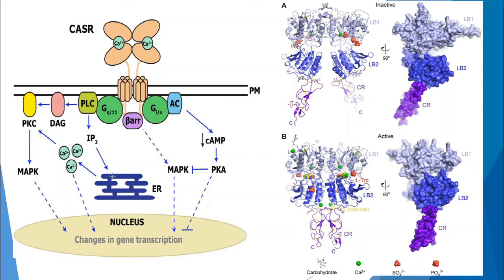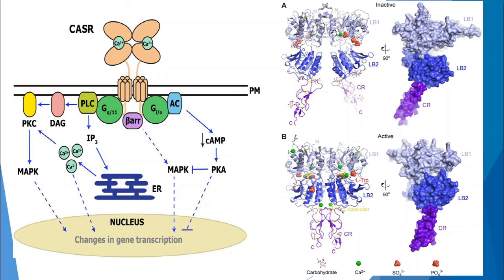The IP3 mobilizes the intracellular reserve of calcium from the endoplasmic reticulum, increasing the intracellular calcium concentration, which again activates PKC and produces the same effect. The other function is the G protein inhibitory function, which inhibits adenylate cyclase, thereby decreasing the cyclic AMP concentration, does not allow PKA to get activated, which can cause an inhibition of the MAP kinase.